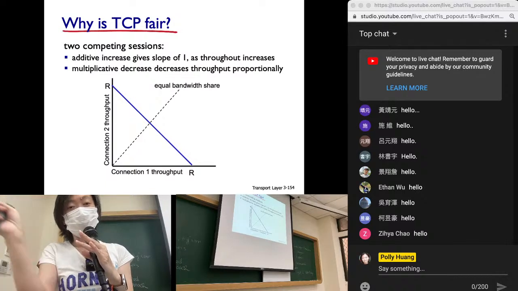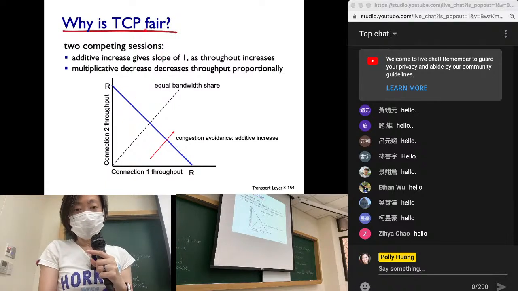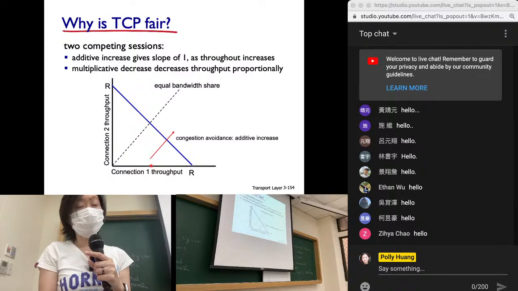A linear slope 1, like this. So this is the starting point of the observation. Connection 1 has this much throughput. Connection 2, only a small amount. This is below the blue line, so they will both linearly increase the throughput.